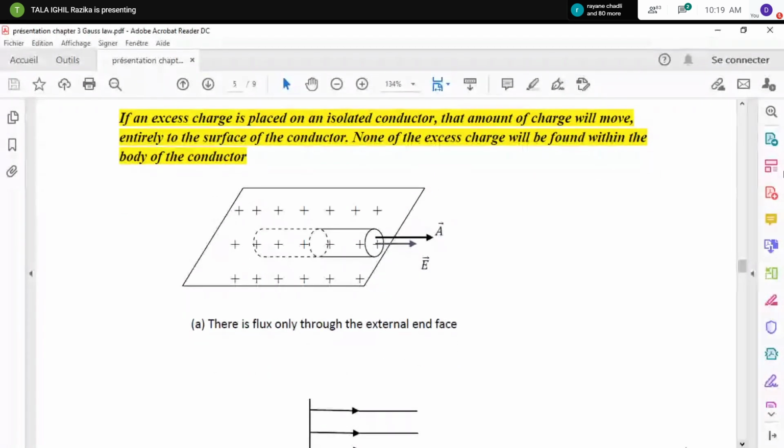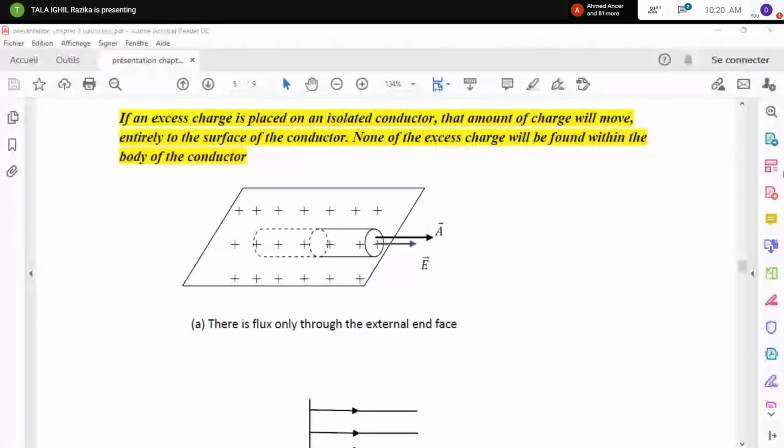for a conductive plate. In this case, if you have a positively charged plate, but it is conducting, and we take a closed cylinder as Gaussian surface, as we said at the beginning, the Gaussian surface will be closed. If the Gaussian surface is closed, we will consider just the charges which are inside it.